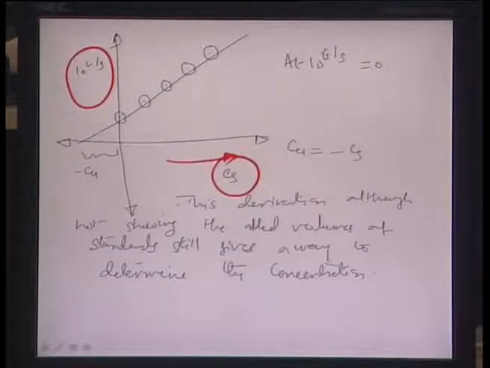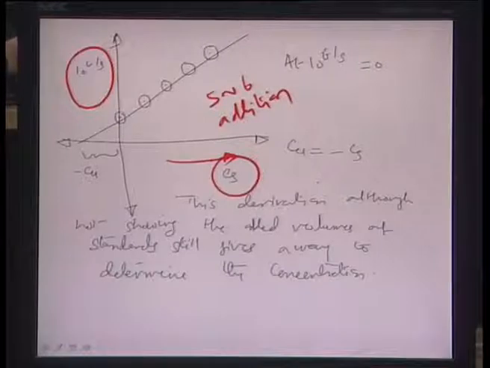Let us suppose we have made 5 to 6 additions, and each time you measure the new EMF, and you plot the straight line based on the several observation points between 10 to the power of E by S and Cs.